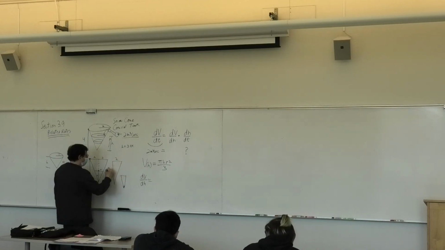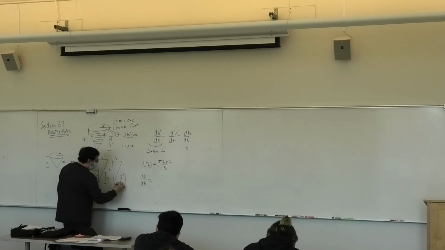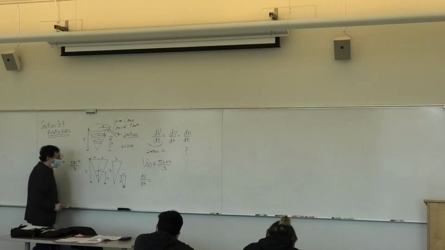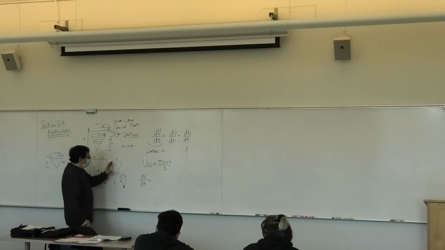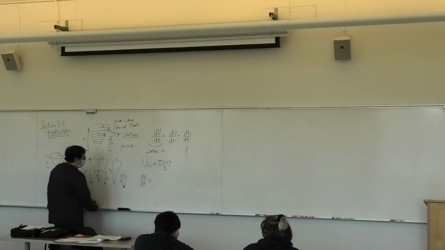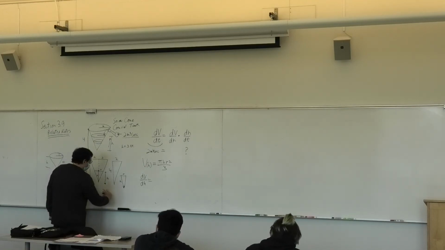This is 2, this is 4, this is H, this is R. What do we know about similar triangles? They're proportionate. So we have 2 over 4 equals R over H.